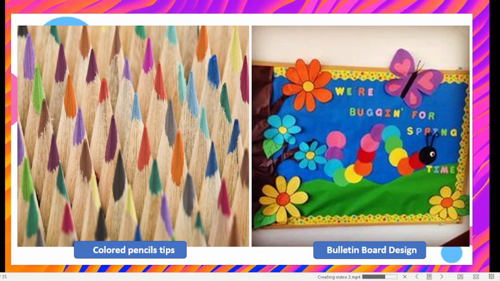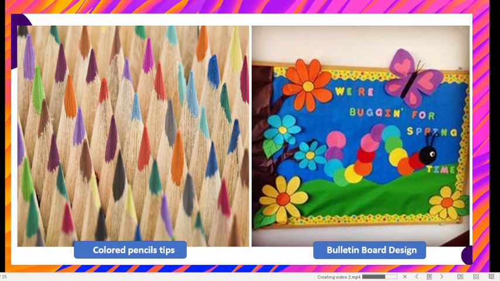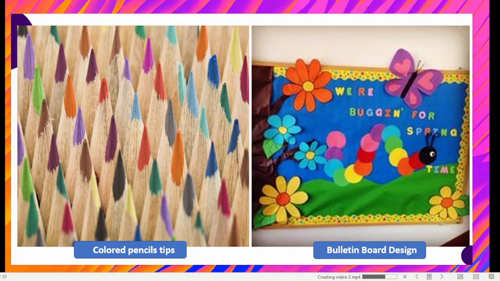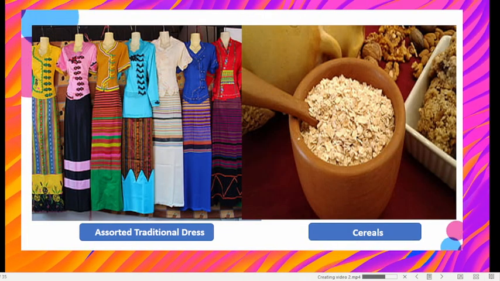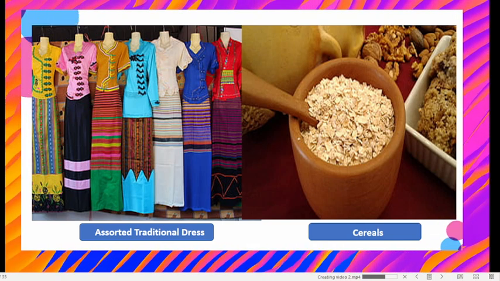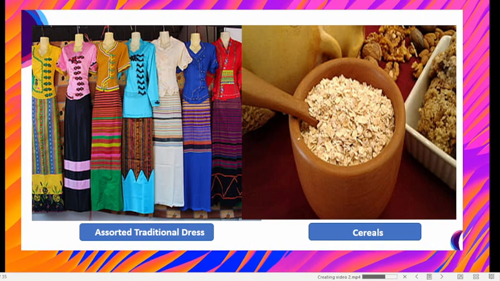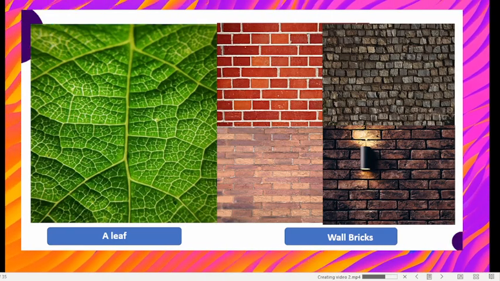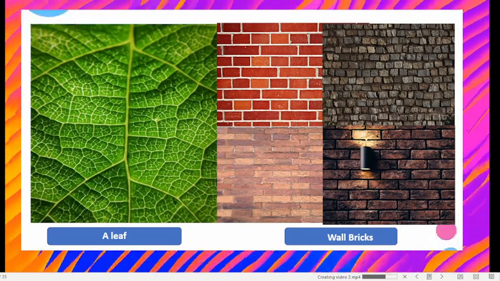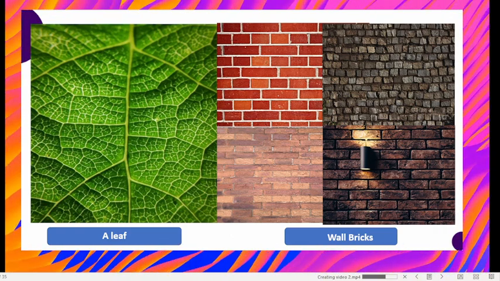The colored pencil tips and the way we arrange our classroom using bulletin board designs. Different widths of assorted traditional dress and foods like cereal. The leaf veins used for food and water transport around the leaf.